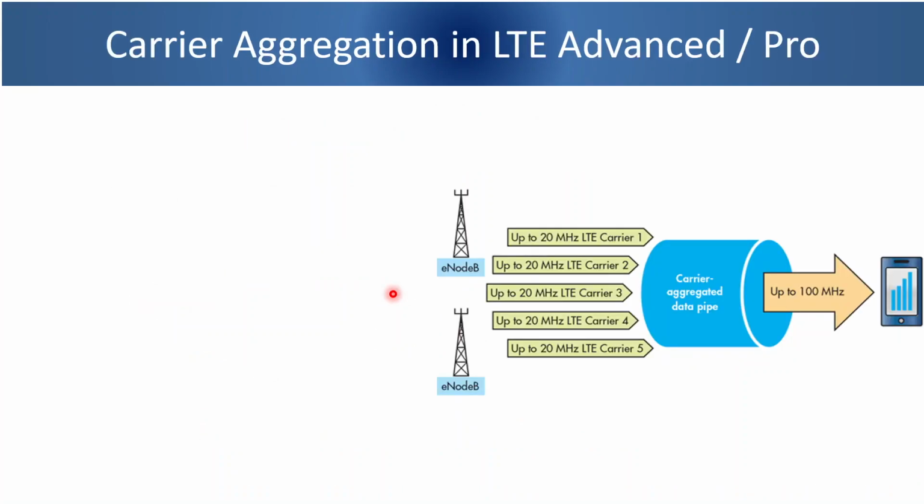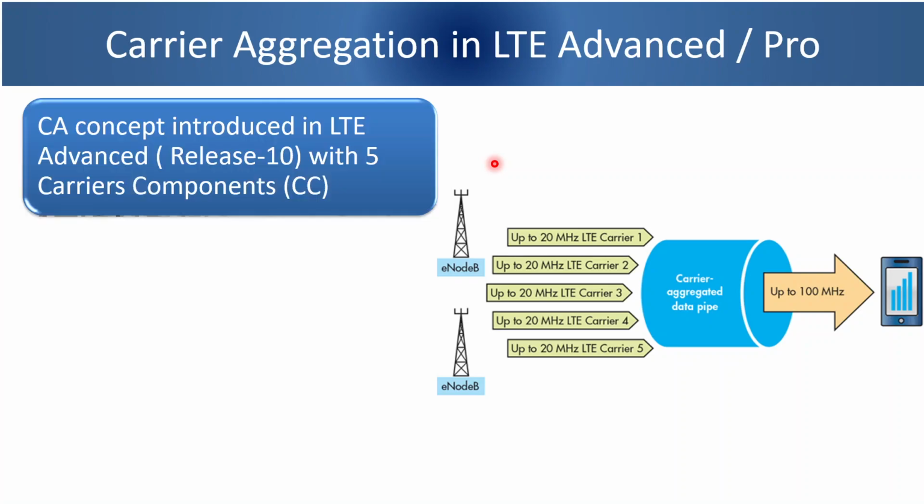Now let us look at carrier aggregation in 4G, that is LTE Advanced and LTE Advanced Pro. The carrier aggregation concept was introduced in LTE Advanced, that is release 10 of LTE, wherein it was possible to aggregate 5 component carriers.